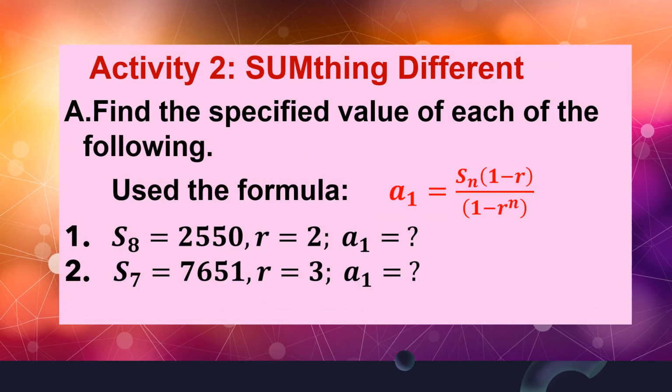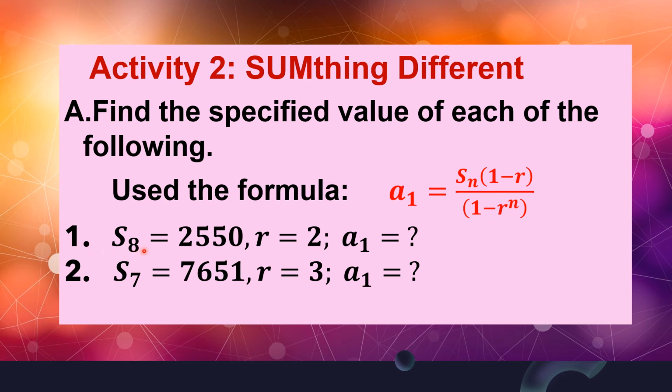Let's have activity number 2. Something different. Find the specified value of each of the following. Use the formula a sub 1 is equal to S sub n times the quantity 1 minus r over 1 minus r raised to n. Number 1.